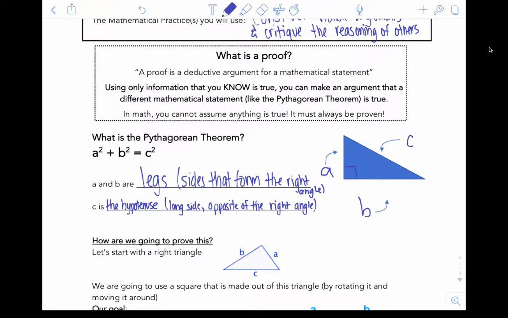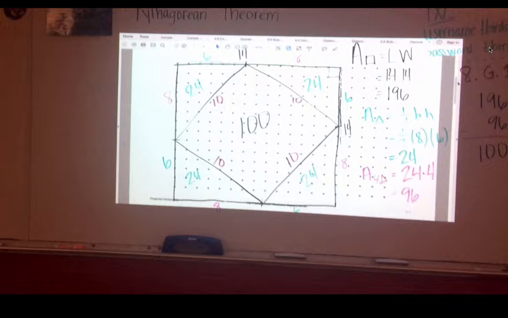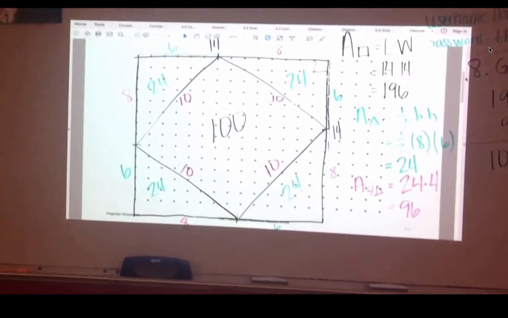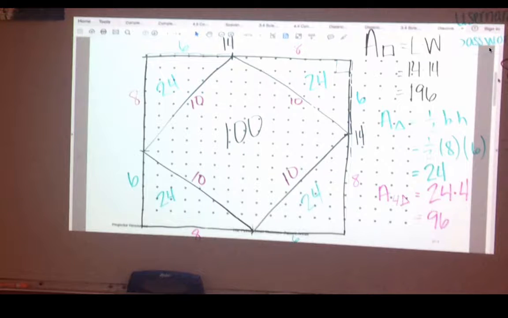All right, so that's the Pythagorean theorem, but how are we going to prove this? Just a reminder of what we did yesterday. We created a square, and then on that square, inside of it, we created 4 right triangles. And when we created those, it then created a square inside of that as well.